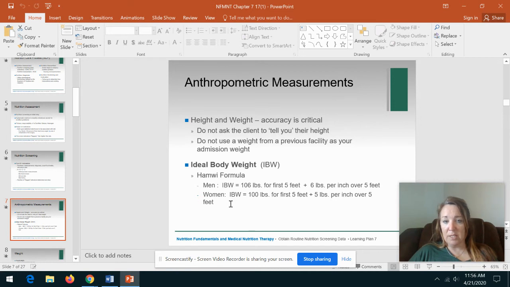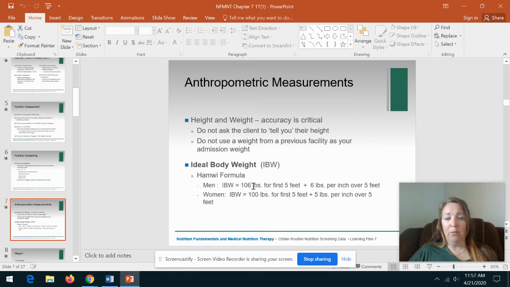So the ideal body weight for a 5'5" female, we'd get 100 pounds for the 5 foot, and then we would get 5 pounds for every inch over 5. So we'd take 5 times 5, and that's 25. So a 5'5" female's ideal body weight would be 125 pounds. Okay. We'll do an example for a male.